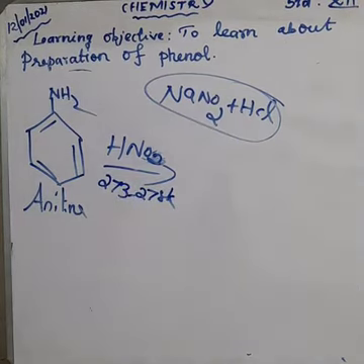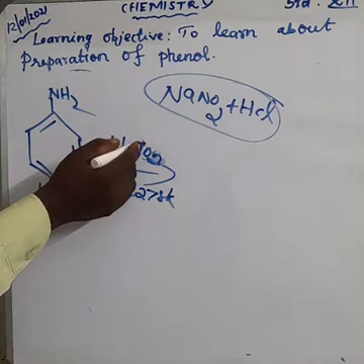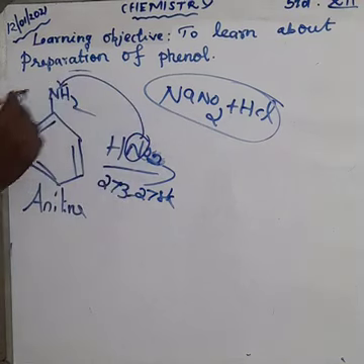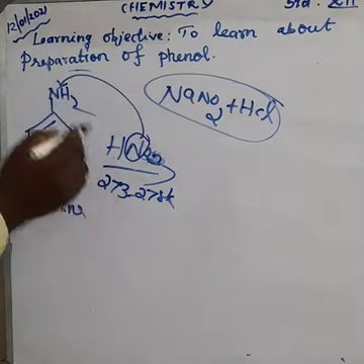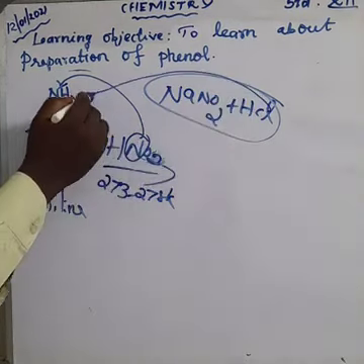We get benzene diazonium chloride. Here one nitrogen from the acid is attached, the hydrogen and oxygen combine to form water, and the chlorine is also attached.